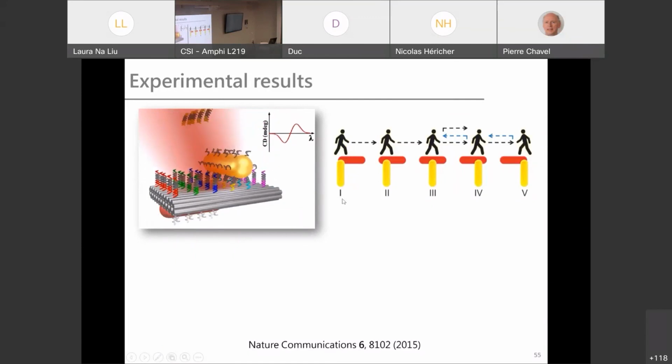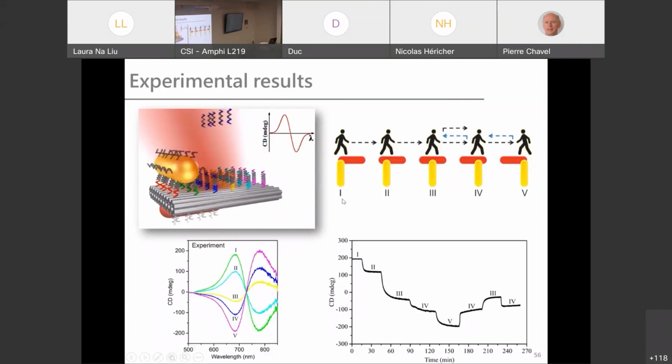And then in the meantime, we measure the CD response by monitoring the CD signal at around 680 nanometers. So we see that in real time, we have the CD signal changes.